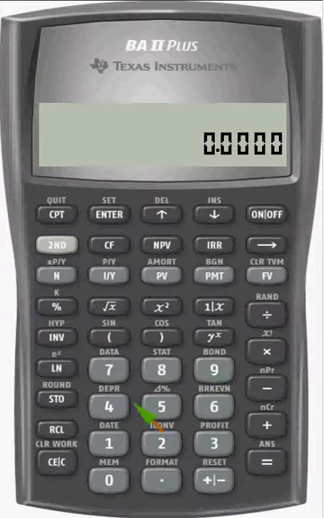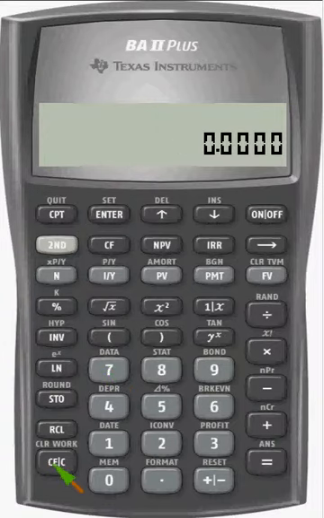Here I will show you an example of how to store 456 into memory unit 7. I have the number 456, and I want to store it into memory unit 7. So push the STO key and then 7. Now the number 456 is stored in memory unit 7.